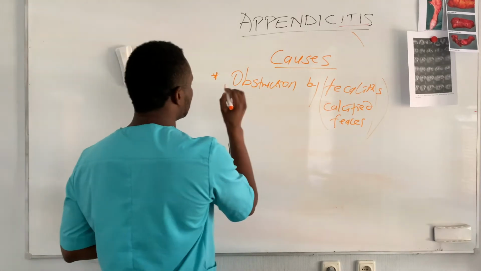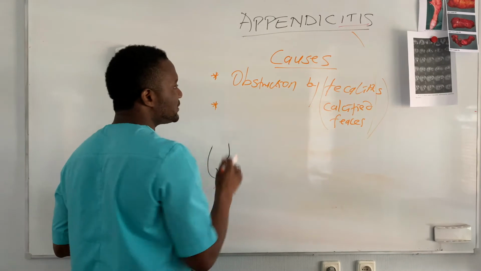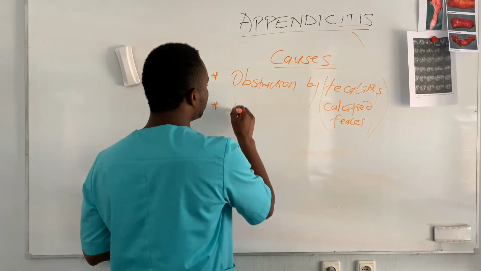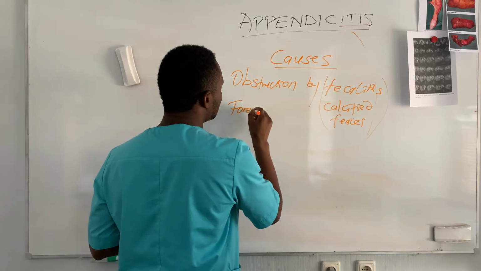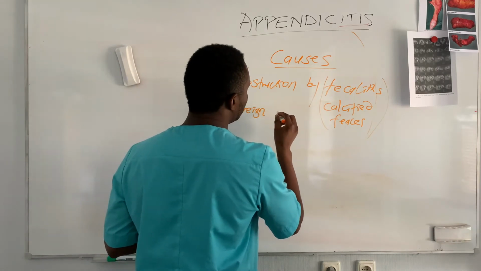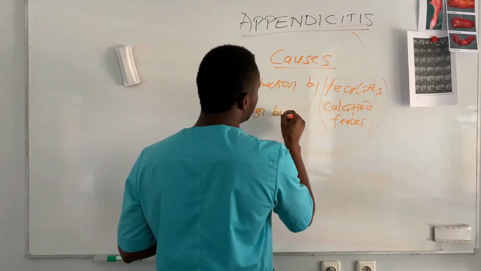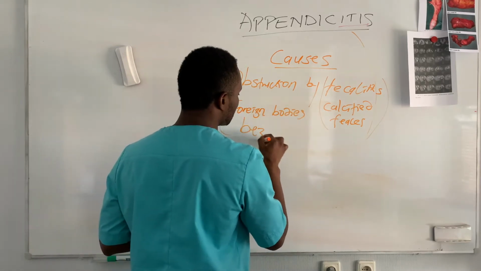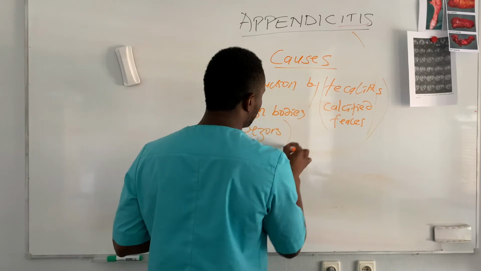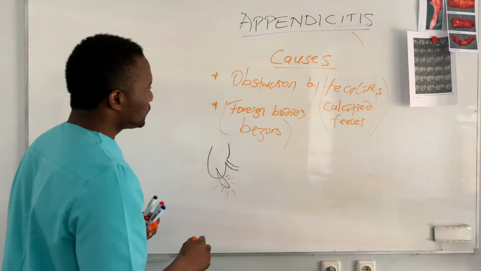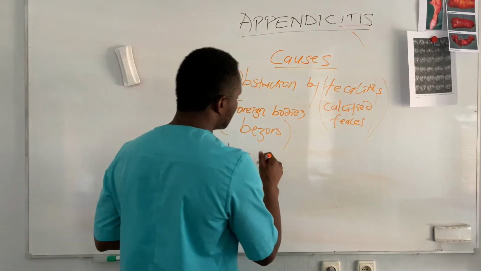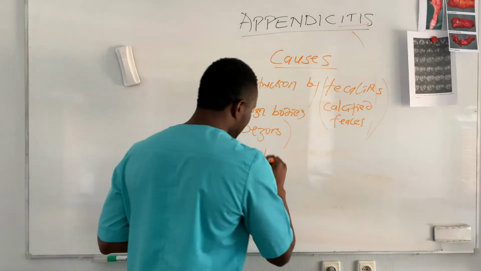So fecalities. Another thing that can provoke appendicitis will be foreign bodies, like bezoars. Another point to note, it can also be provoked by intestinal worms.